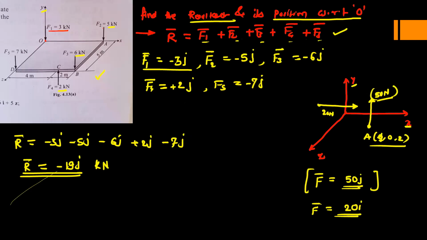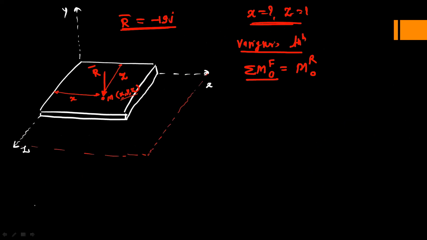So its moment is 0. For the remaining forces, F2 is acting at point A. So we have to take the moment by F2 about the point O. We have already seen the formula for moment, so I will just write it.